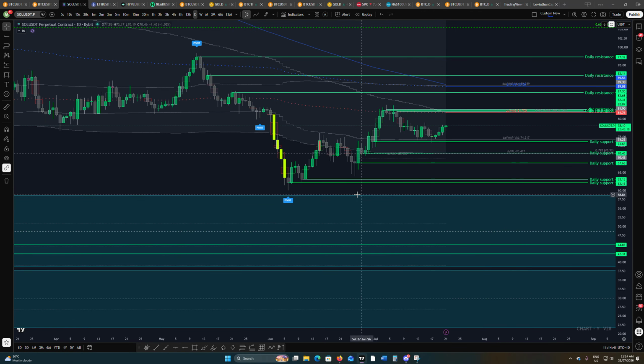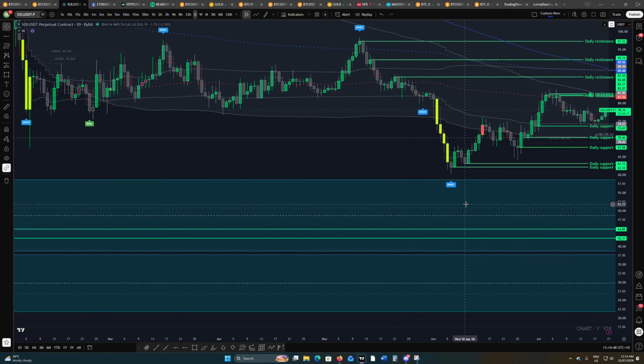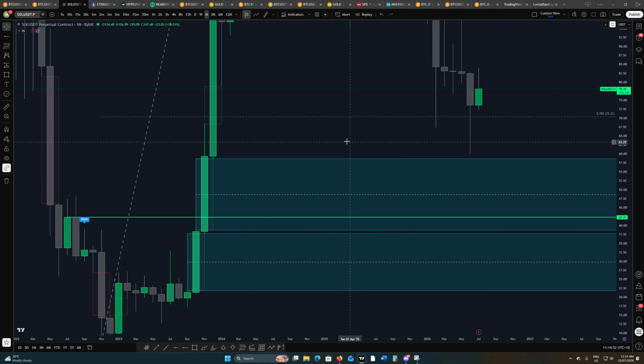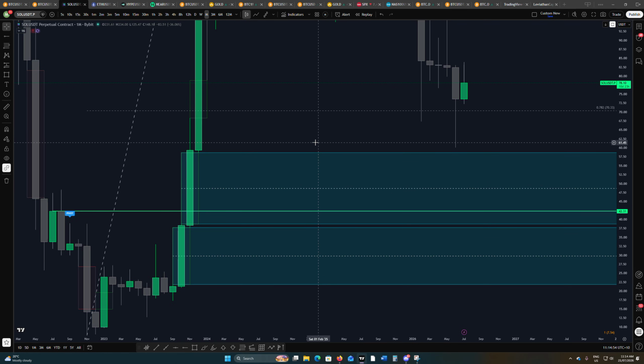Now, I think I stated previously as well that my thinking on monthly fair value gaps is a strong one to consider, because the monthly FVG at 90, the 50% of the monthly FVG at 98K, put in the macro lower high for BTC in January.